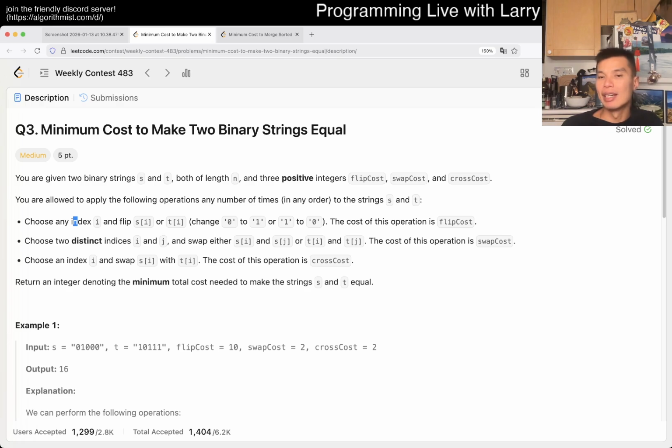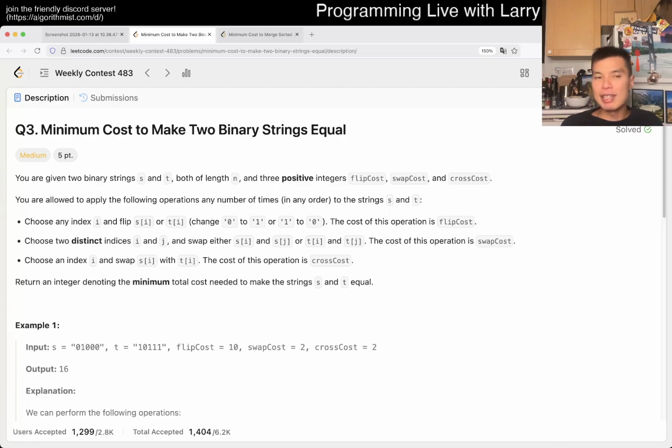A flip cost is going to be the same whether it's going from 0 to 1 or 1 to 0. Swap cost will always be the same. So in a way, the relative value of the cost will always be the same, right? Meaning that in a greedy way, if the flip cost is good, then you do it first and so forth.